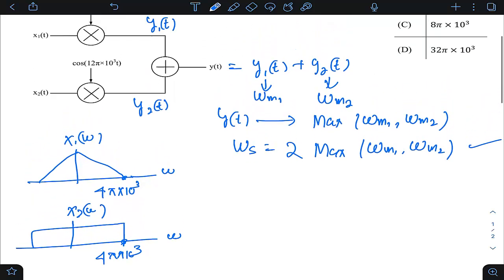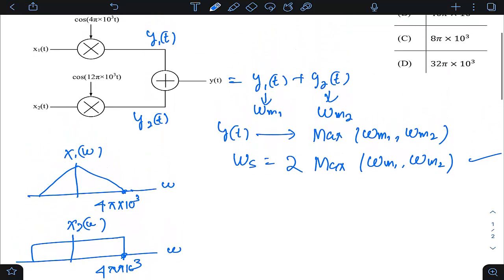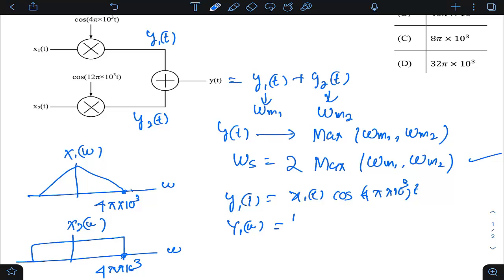Now, if I speak regarding y1(t), y1(t) equals x1(t) into cos of 4 pi into 10 raised to power 3 t. So what is Y1(omega)? Y1(omega) is half of X1(omega minus omega x) plus X1(omega plus omega x).